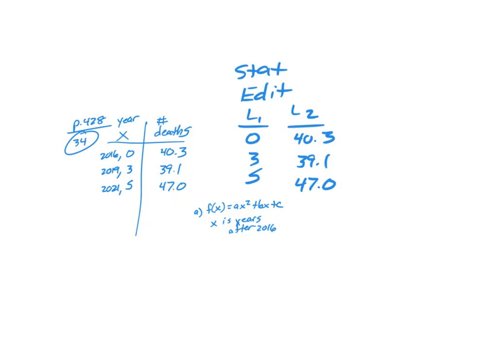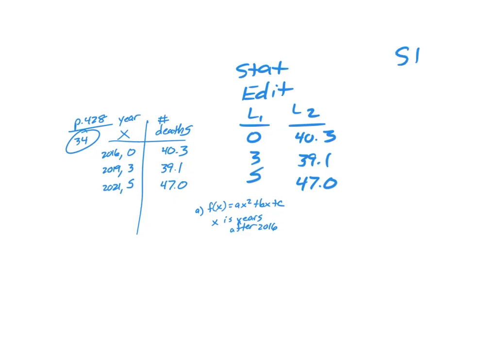So now we're going to go back to stat. We're going to go to calc. And if you have a Casio, I'll help you with this because Casios are going to be a little bit different. It's asking us to write a quadratic regression model. Well, on your TIs, that's number 5. So we're looking for quad reg.